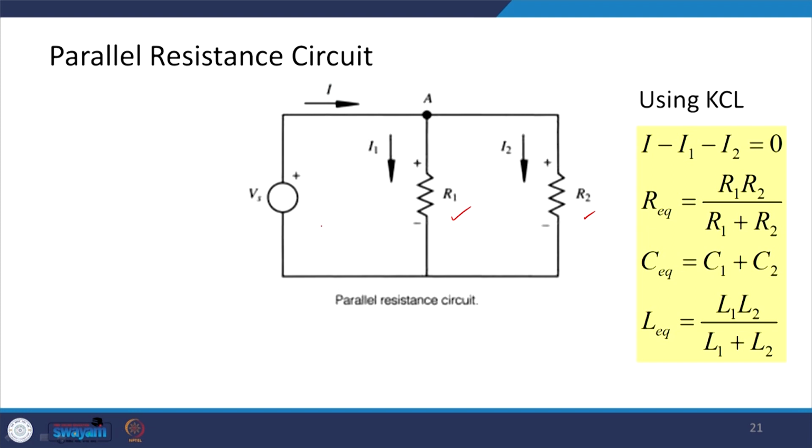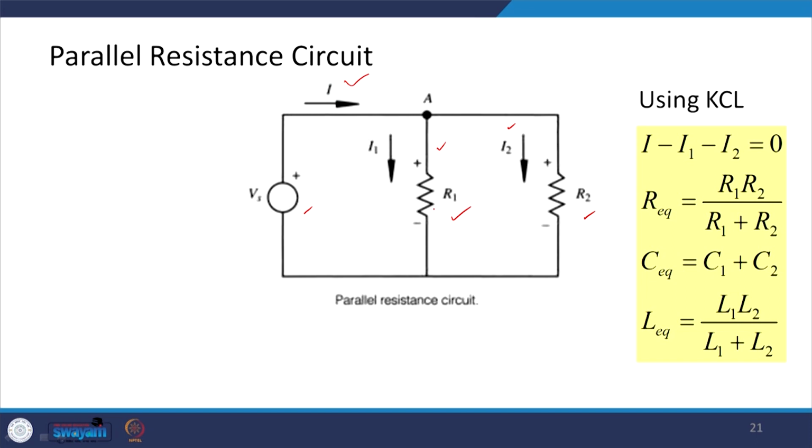Let these resistors be connected across a voltage source here, and let the current through this circuit be I, and this current is split into two parts, say current through resistor R1 is I1 and through R2 it is I2. Then if we apply Kirchhoff's current law here, we can see that I is in and I1 and I2 are out. So, I minus I1 minus I2 is equal to 0.